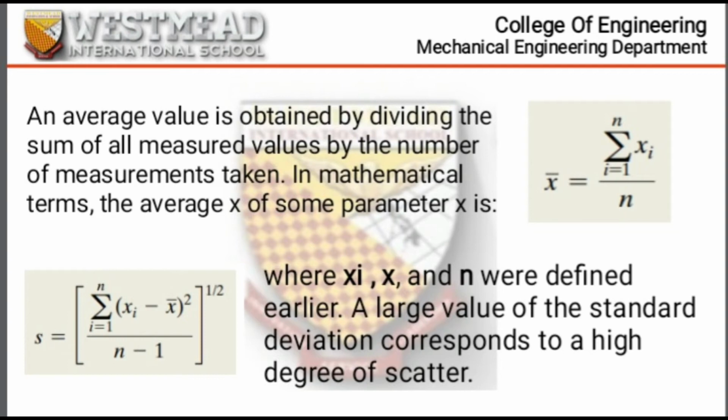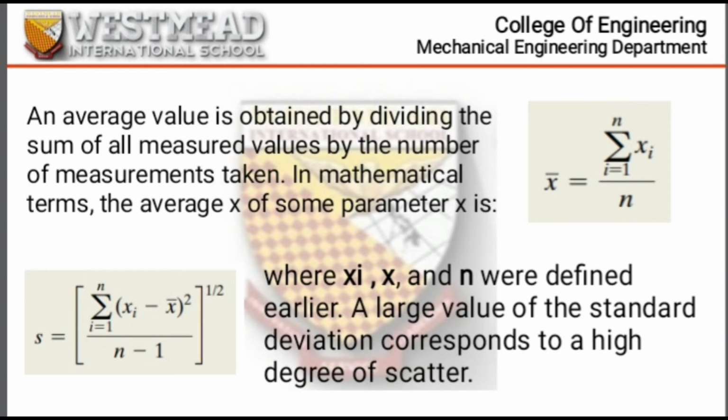In mathematical terms, the average of some parameter x, x bar, is equal to the summation from i equals 1 to n of x sub i over n. Tapos, yung n is the number of the observations or measurements and x sub i is the value of a discrete measurement.